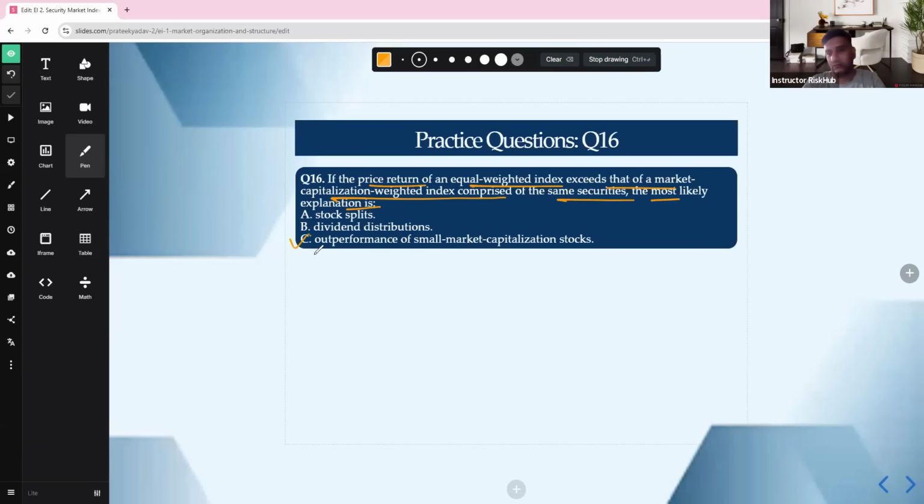So equal weight, I told you, right? Equal weight is greater than market cap. If equal weight is doing better than your market cap or market weight, small caps must be doing better.